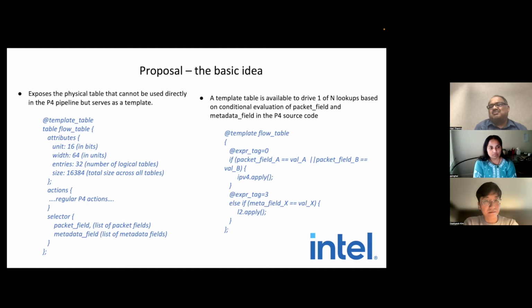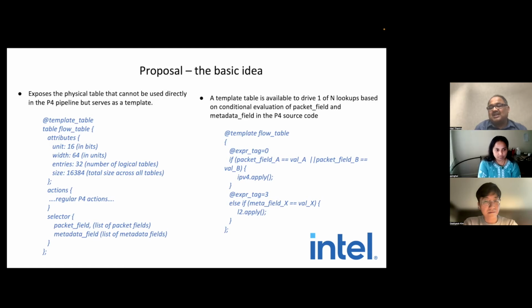We believe this is a reasonable trade-off, because most of the time we know statically how the actions must be executed, but we do not want to superimpose a logical P4 table when we write the P4 program. So in this particular case, the actions specify a menu of actions from which one of n can be picked for any entry that is being added to a new logical table.